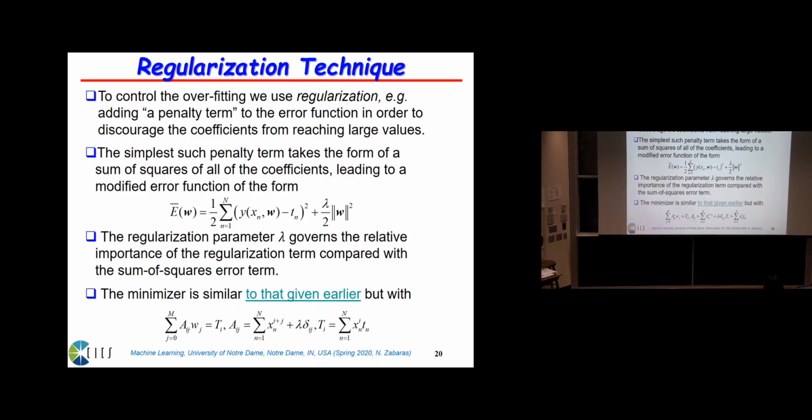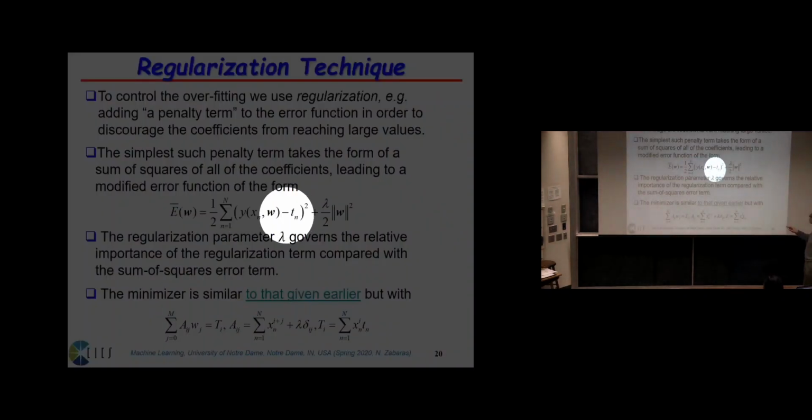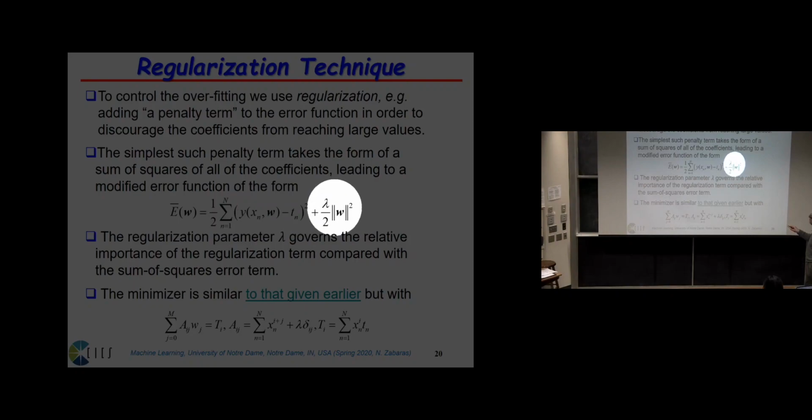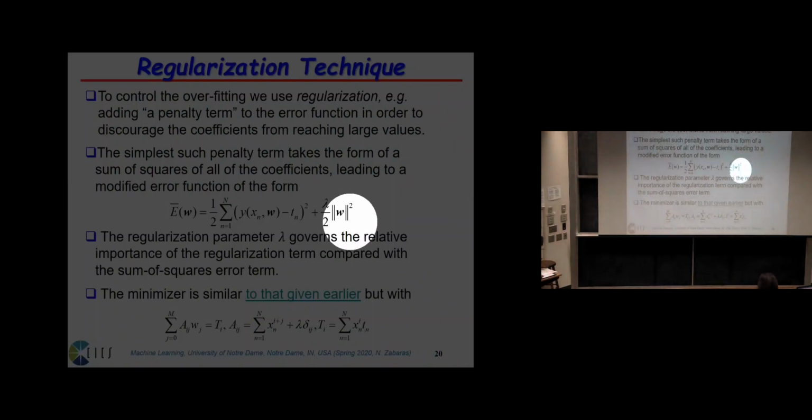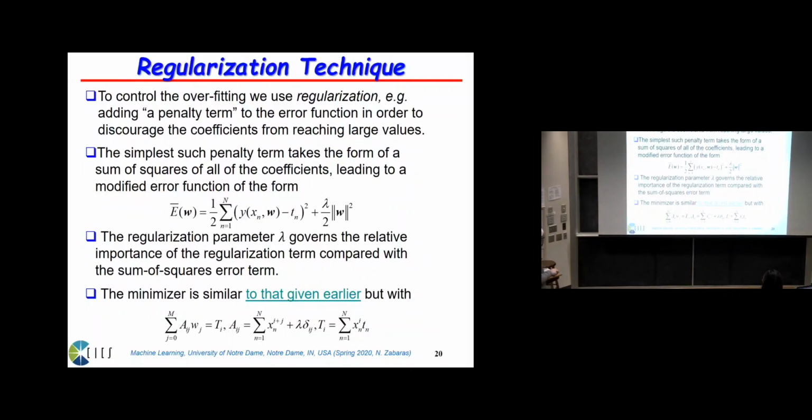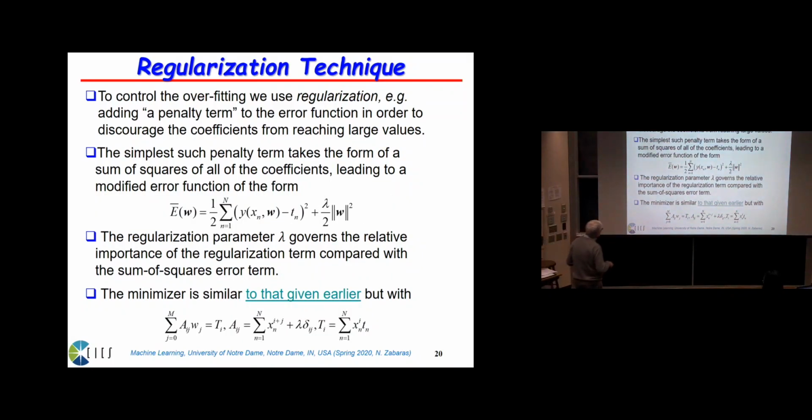So rather than just minimizing this square error, you're also adding a regularization term that controls the magnitude of the coefficients w. This w with these brackets is the norm of w, and I'm assuming that w here is a vector. So this controls the magnitude of the vector w. Effectively it says, minimize the error, but at the same time, keep the complexity of the model small.